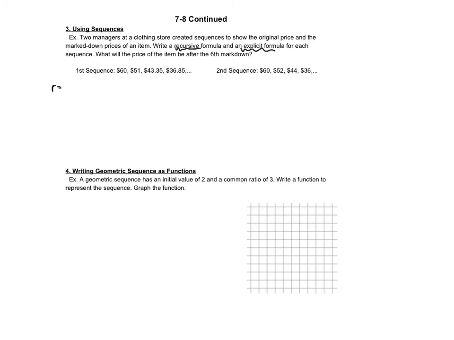If we're looking for our R value, we have to take one term and divide it by the previous term, and I believe that gives me 0.85. And then if I take another term and divide it by the previous term, I also get 0.85. So my R value is going to be 0.85, and then my A1 is going to be 60.